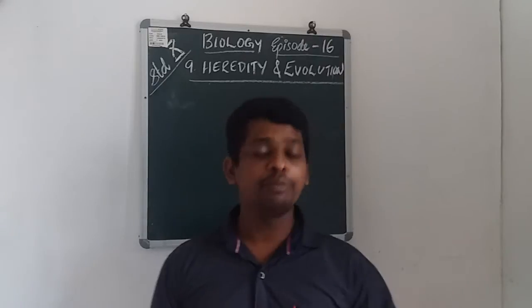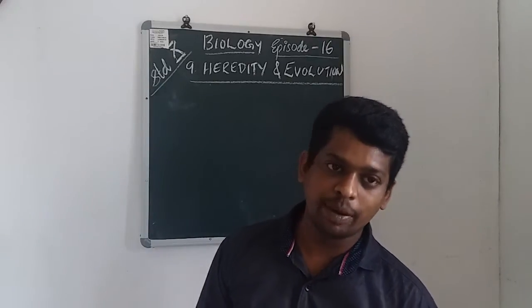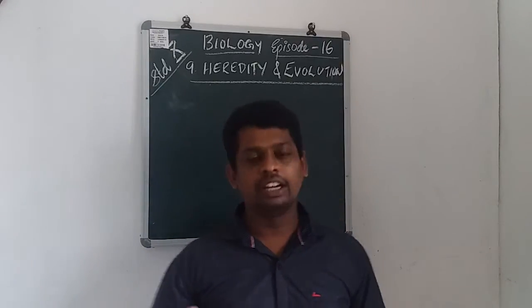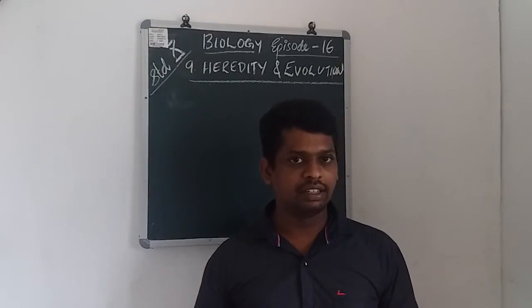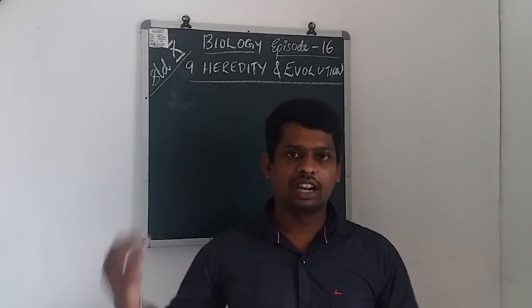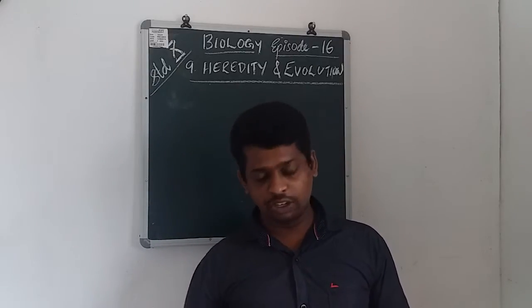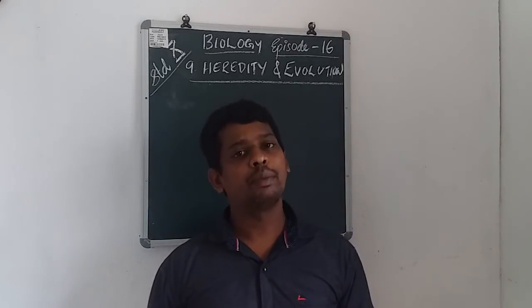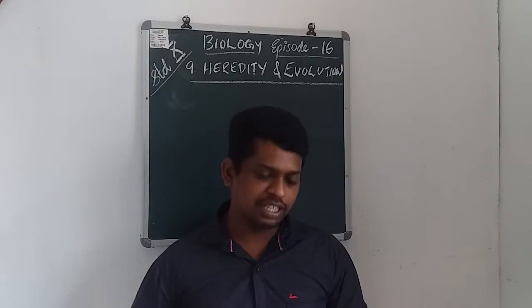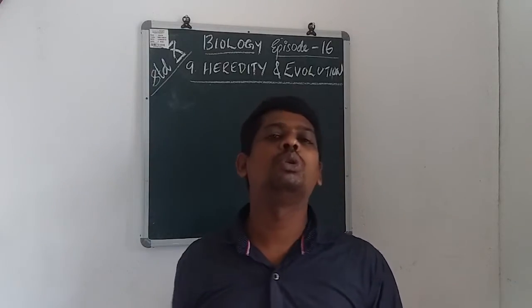In the previous class we discussed round seed and tall plant, tall plant with wrinkled seed, and dwarf plant with wrinkled seed. But now in this class we are discussing a freshly new cross.